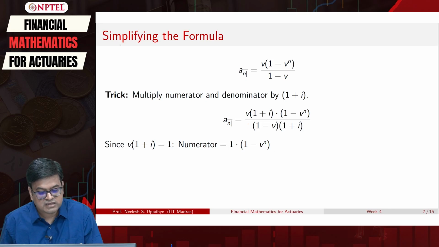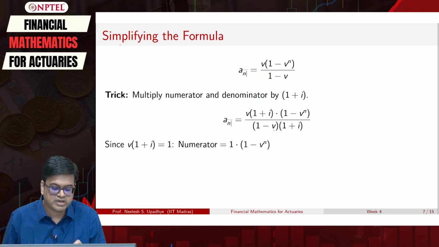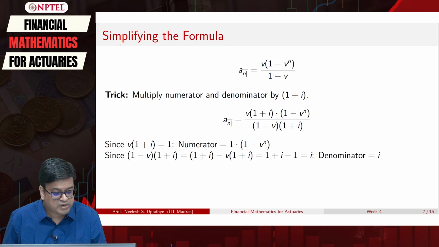Is there any other thing that I can do in the denominator? You know V is 1 upon (1 plus i). You know what 1 minus V into (1 plus i) is, so we can split it. It gives me (1 plus i) minus V times (1 plus i), but this number, as you have already seen, is 1.